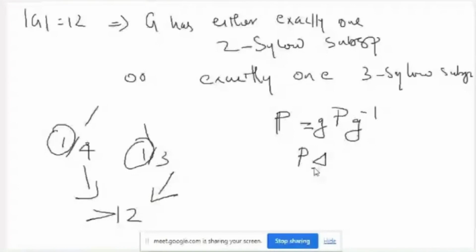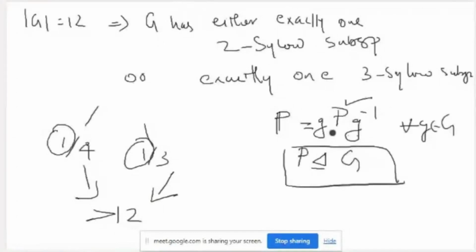P is the only Sylow subgroup, so P is the only subgroup of that order. Every conjugate has the same cardinality as P, so gPg inverse must be equal to P. This is true for every g, and in that case P is a normal subgroup.